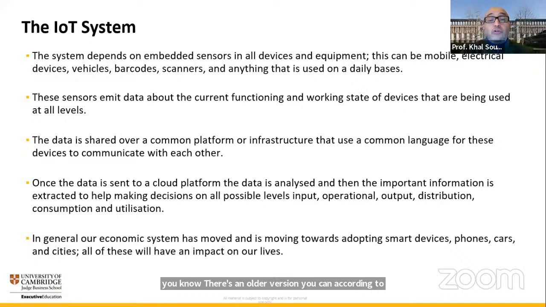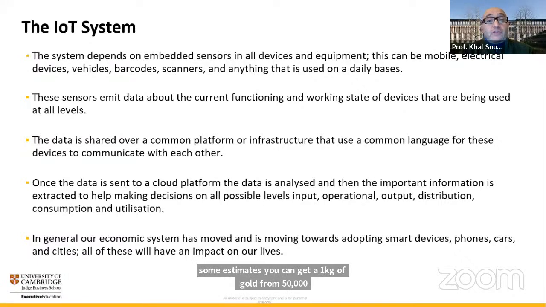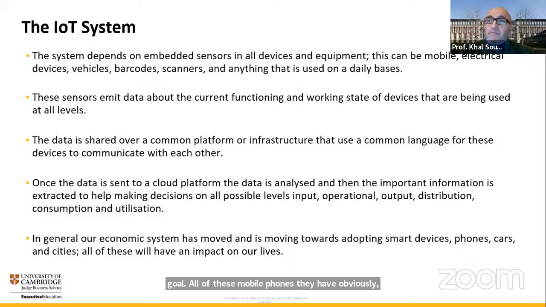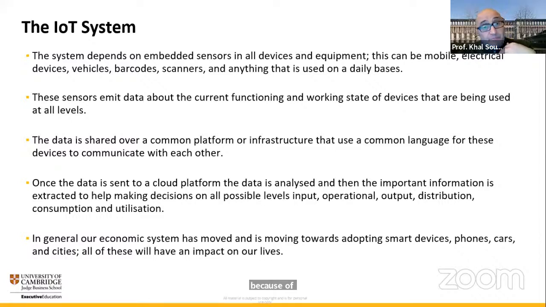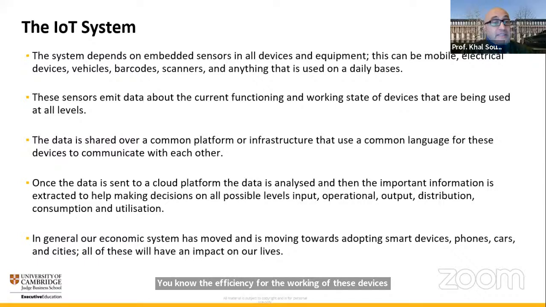Because of connectivity, conductivity, and the efficiency of these devices, there are precious metals in there, such as gold, silver, platinum, whatever the case might be. So if you get 50,000 of these phones, you can get 1 kilogram of gold.